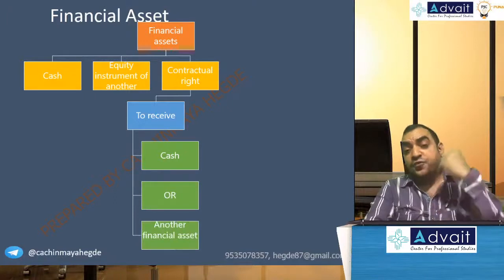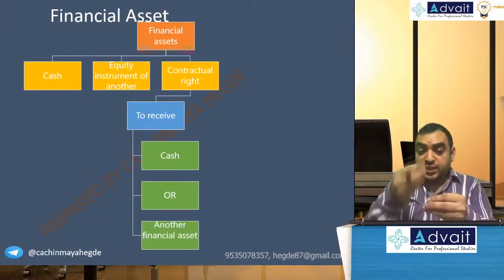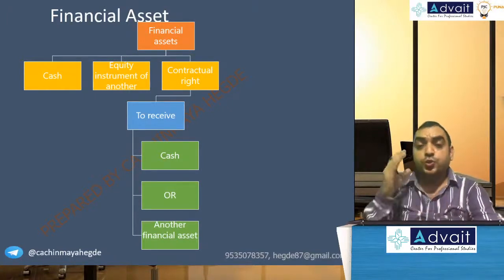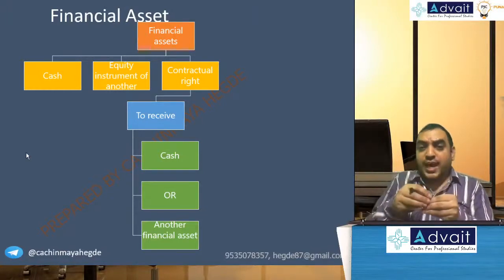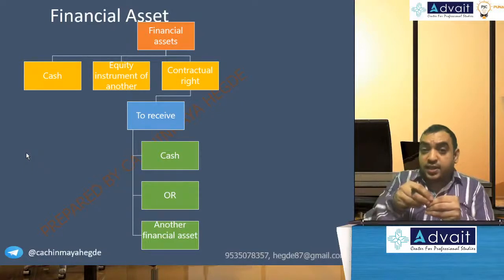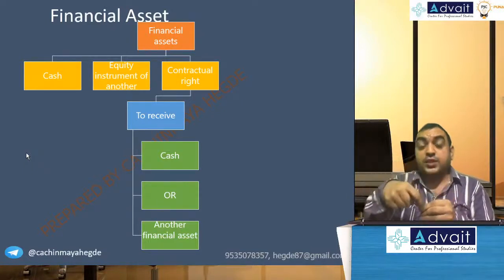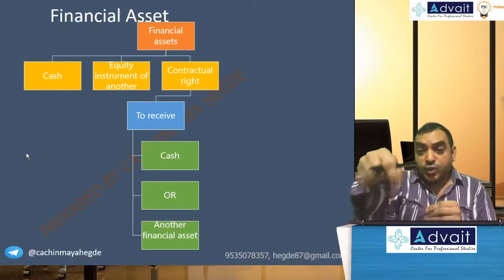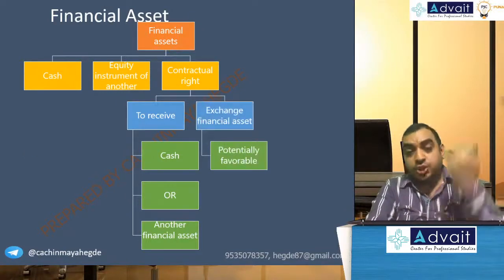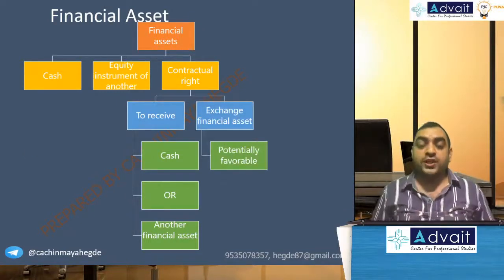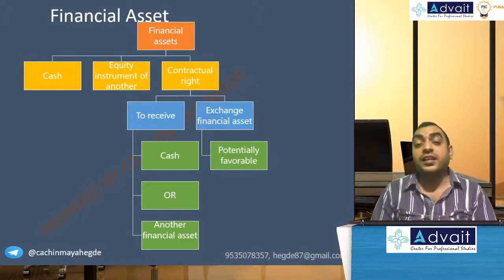Or another financial asset: you don't have a right to receive cash, but you get some other financial asset. If you have sundry debtors, the person can give you cash, a cheque, or a bill receivable. Or a right to exchange financial assets, which are potentially favorable in nature.